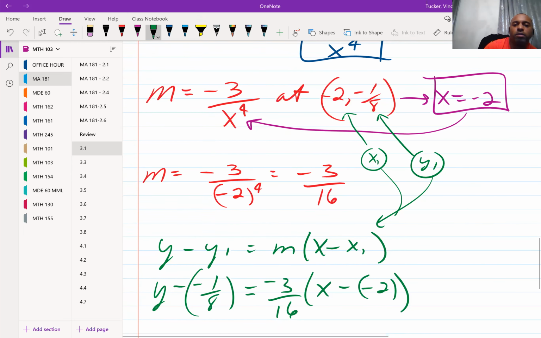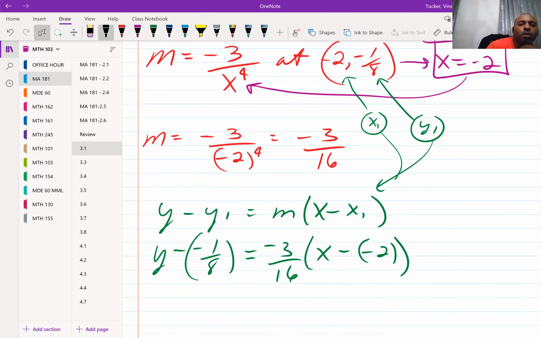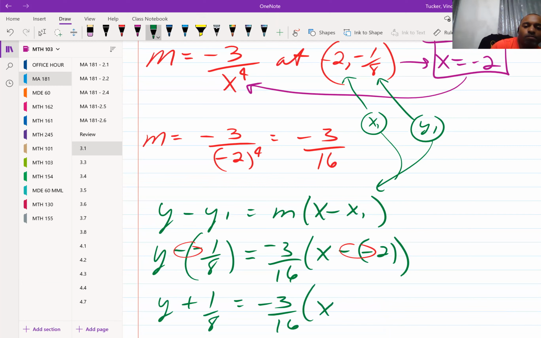Everybody okay? All right, so taking care of negative to negatives, have that in both cases. So that'd be y plus 1/8 equals -3/16 times (x plus 2) inside of the parentheses.